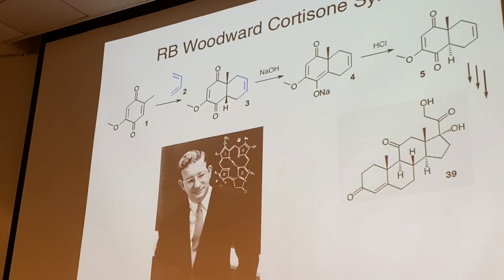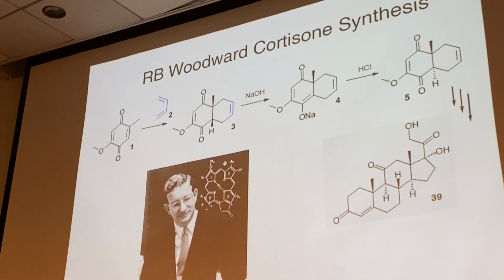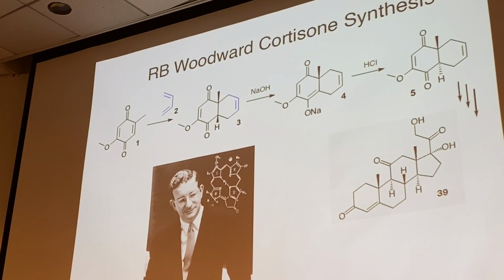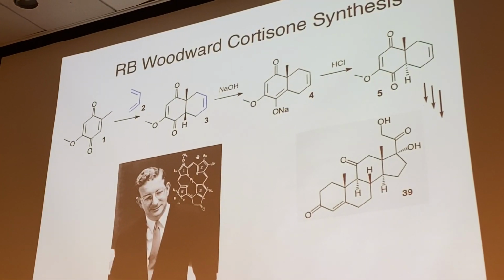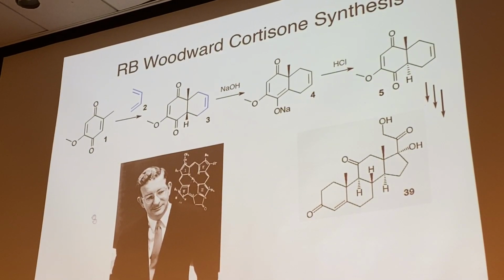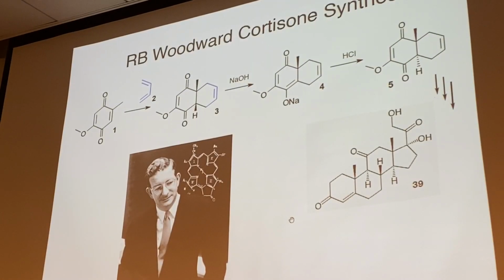And there are other examples here in Woodward's cortisone synthesis, which many years before, R.B. Woodward's considered one of the greatest scientists ever. He could have won 2 or 3 Nobel Prizes if he wasn't a chain smoker and died quite young. He earned his first Nobel Prize when he was in his 40s. He was a professor at Harvard and did a number of landmark syntheses.